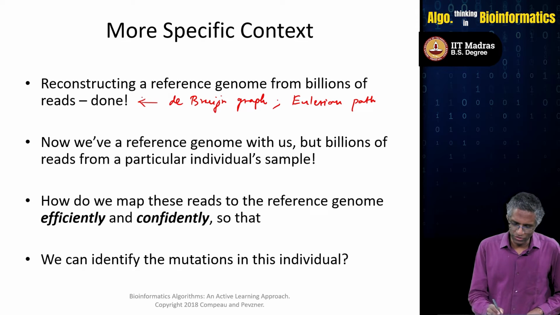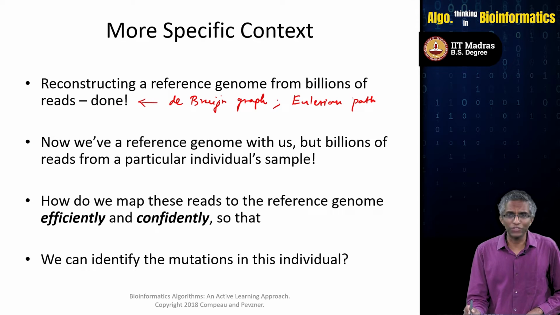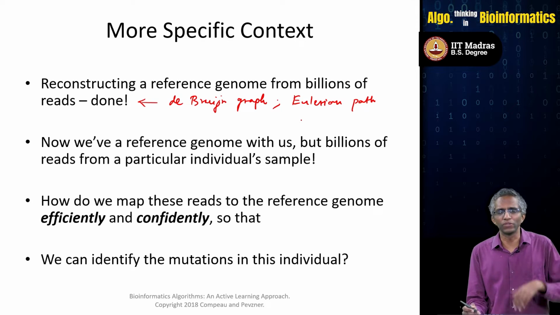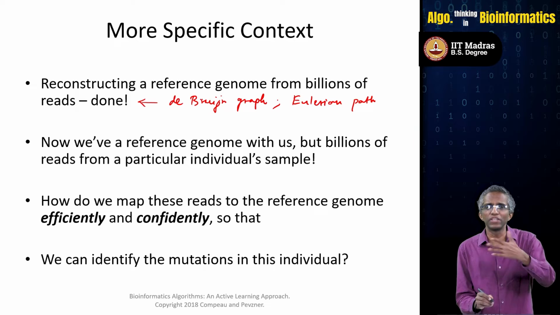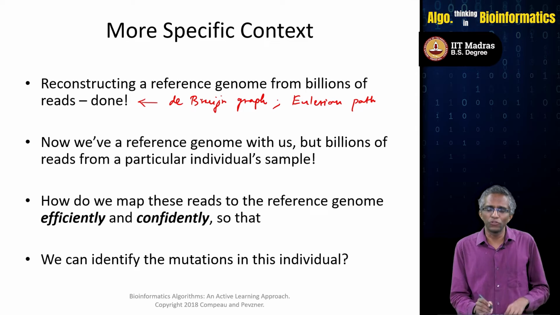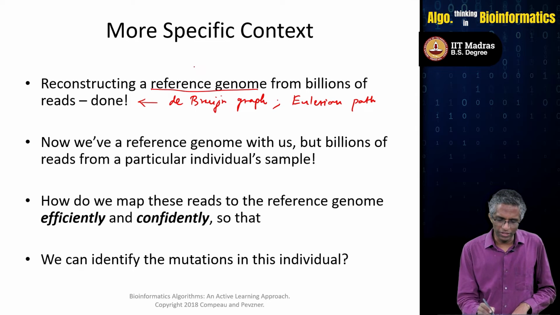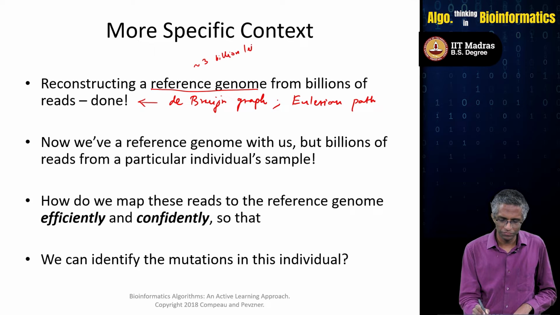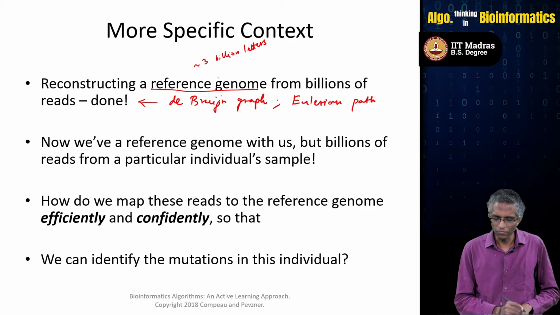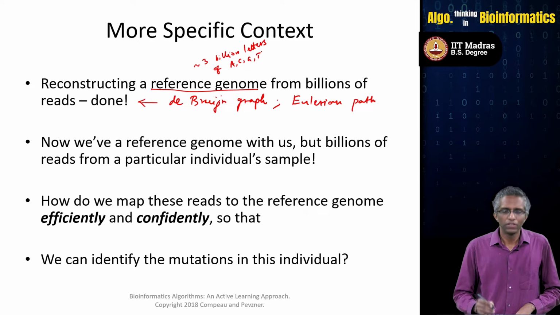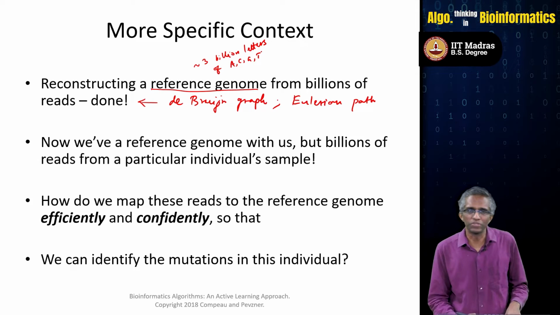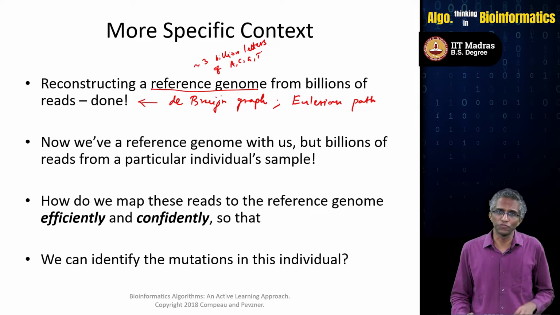This converts a set of numerous reads from a particular individual into a reference genome. This reference genome is a representative genome of the whole population of individuals. In the case of humans, this reference genome would be roughly 3 billion letters of ACGT spread across all our chromosomes, 20 plus pairs of chromosomes.